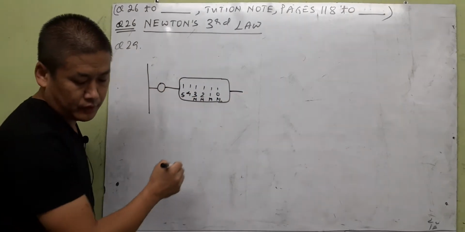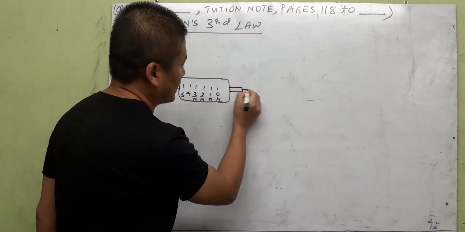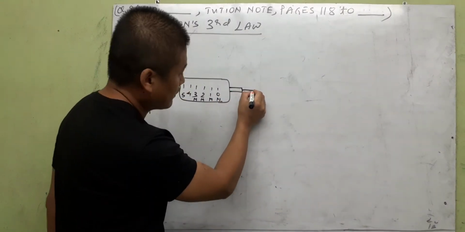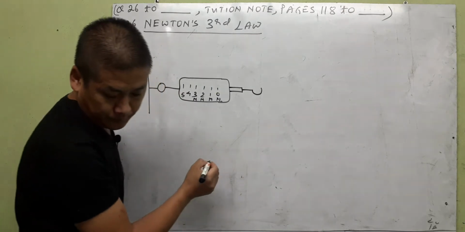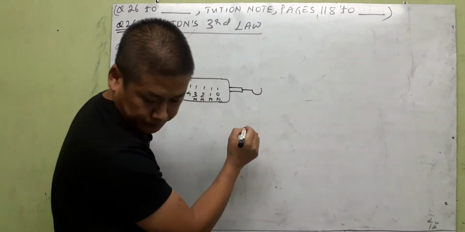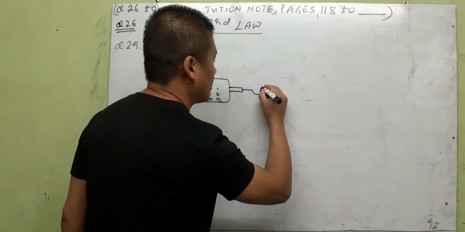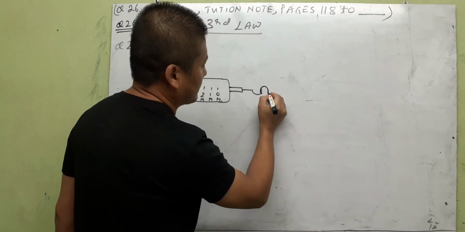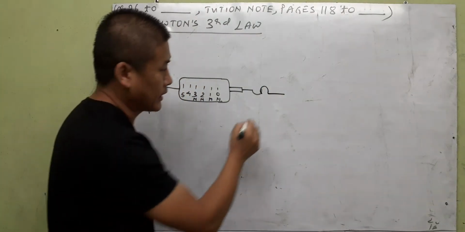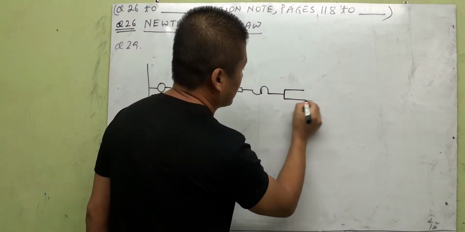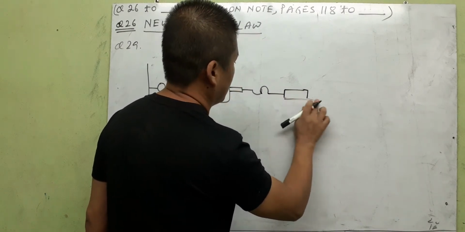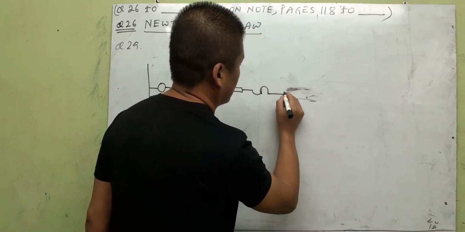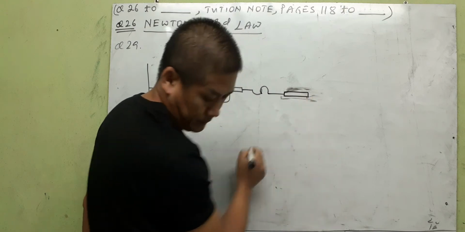There's always a hook on a spring balance. The hook is something like this. So hook it up with the other one. From the other spring balance, this hook is coming. So there's a second spring balance. You can draw along with me. Okay, so here, hook it up.